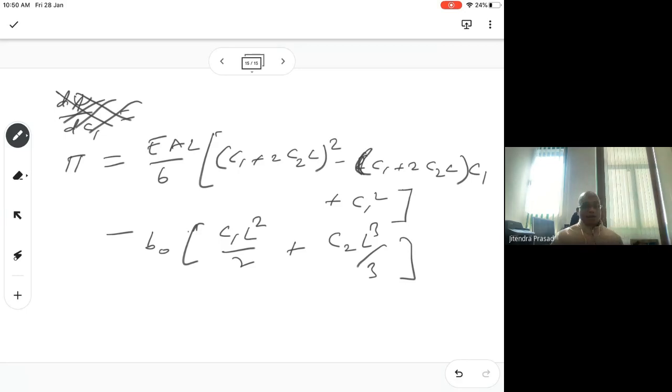So this is the pi now, and now this is easy to differentiate.